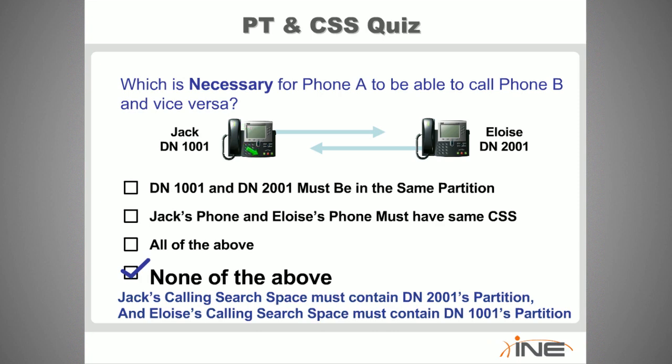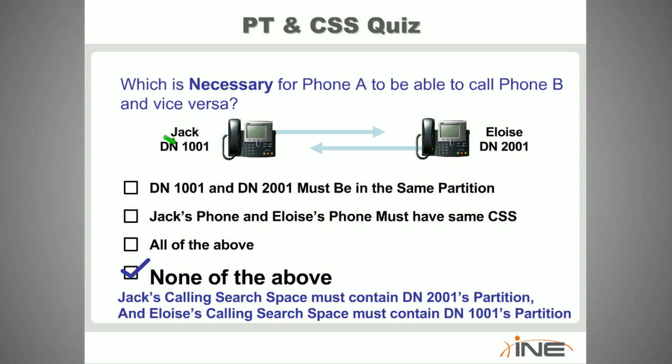Jack's calling search space, on either his phone device or on the individual line that he's calling from, or a combination, must contain the directory or partition that Eloise's DN is found in. And for Eloise to call back, she also has to have the same thing.